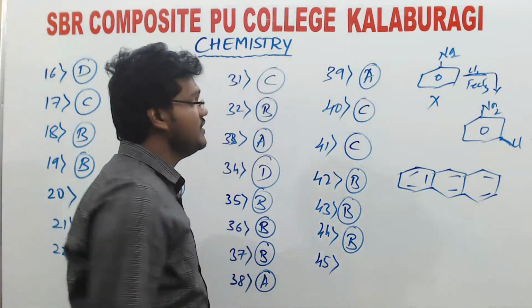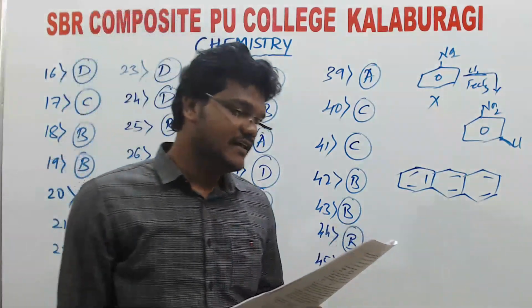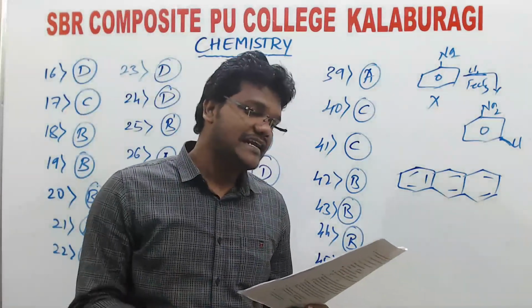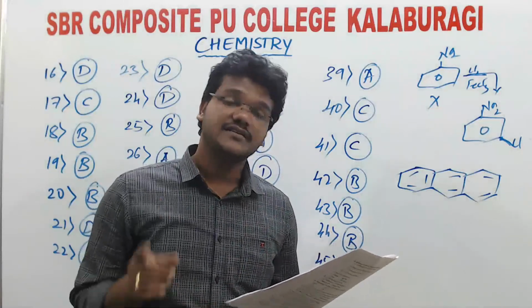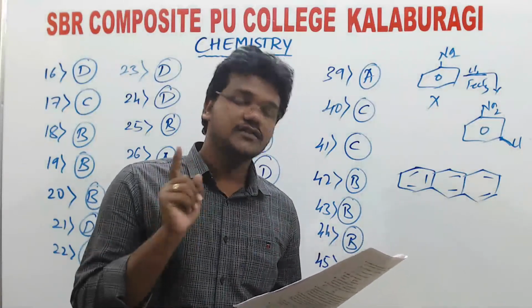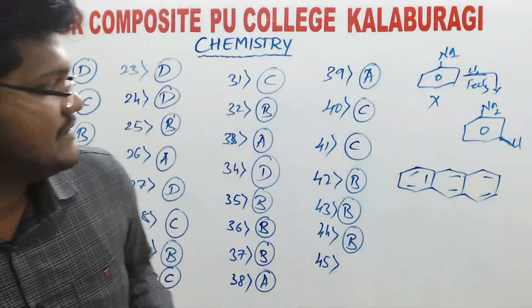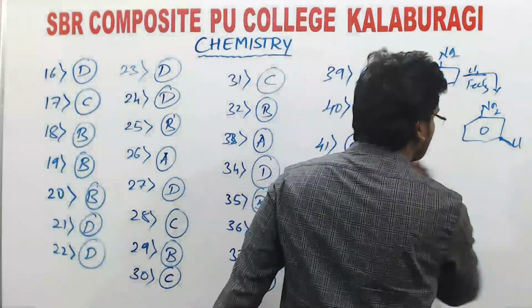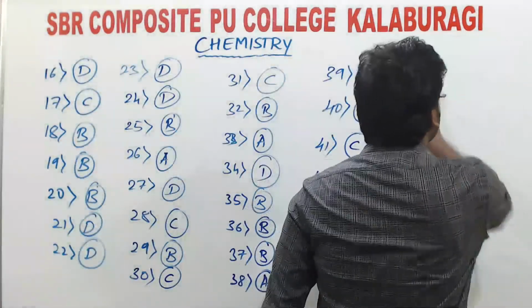So let's go for the last one, that is nothing but 45th. What did they say? Benzene can be obtained by heating either benzoic acid with X or phenol with Y. Very interesting. So let's talk about the last one.